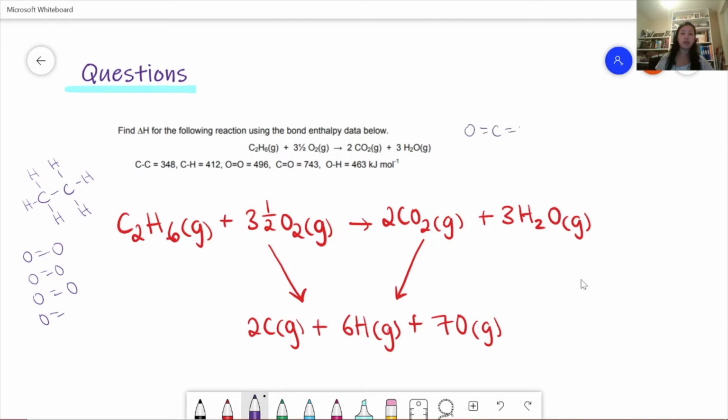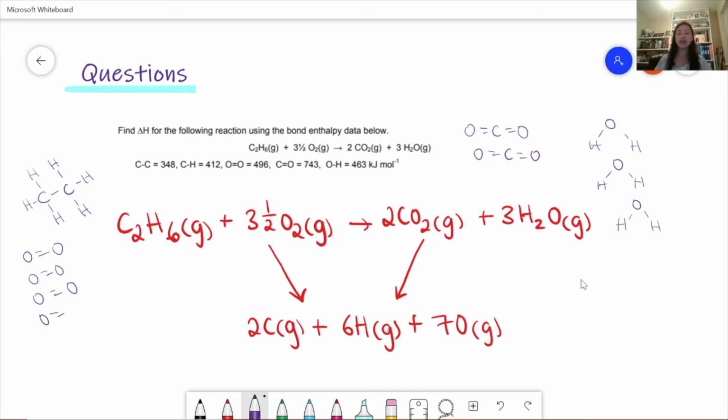So we've got 1, 2, and then we've got 3 waters. So we've got 1, 2, and 3. You might not necessarily need to draw these out after a while, but it always helps to have them on the side, just in case you can't visualize how many bonds there are.